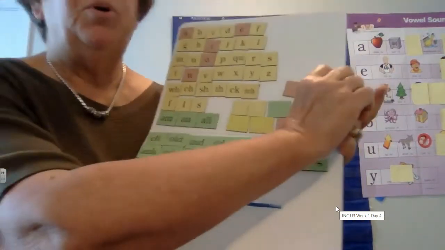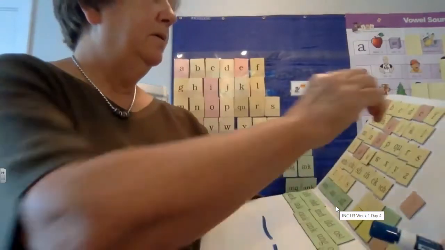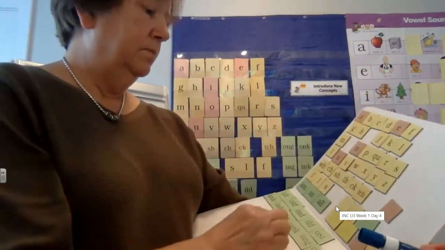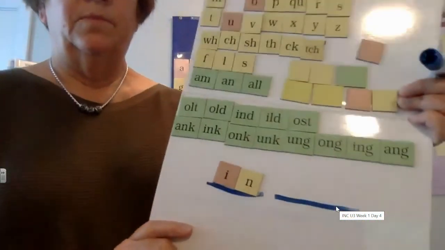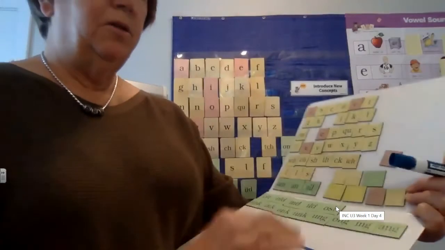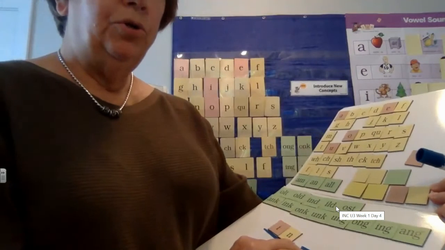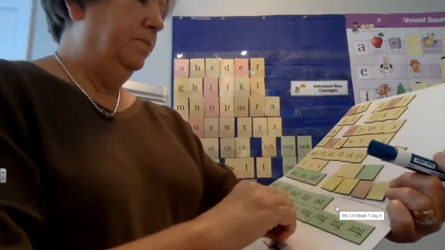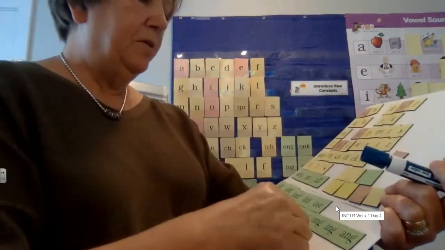That's right. Go ahead and pull down the letters to spell that. Good. That's what you should have so far. Second syllable. Clued. Good. Clued. Go ahead and pull down the letters.